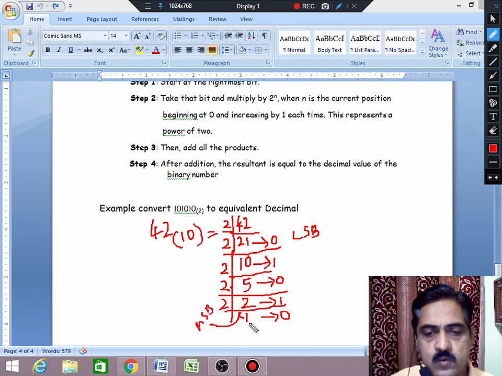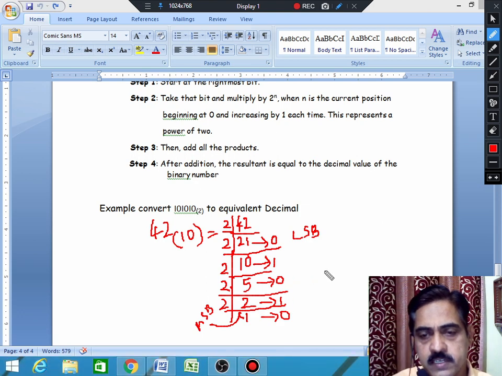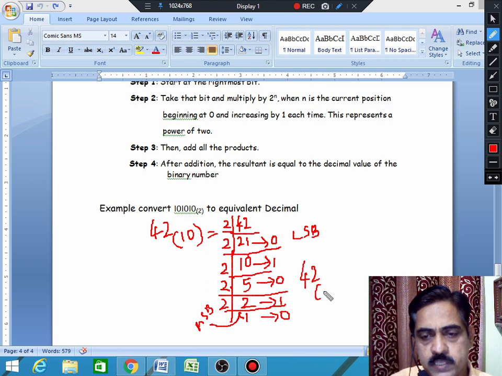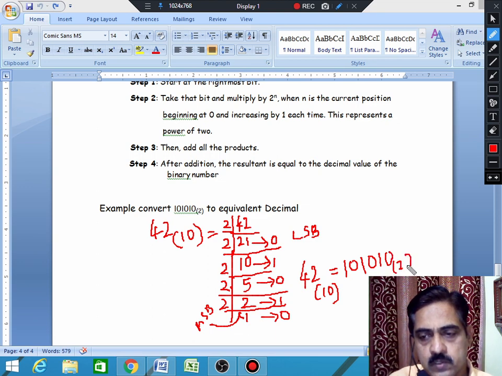So now the binary equivalent of 42 is, the answer should be written from left to right, that is from MSB to LSB. Therefore its result is 42 base 10 equals 1 first, next 0 1 0 1 0 base 2.